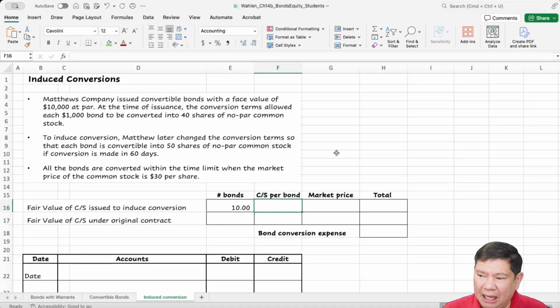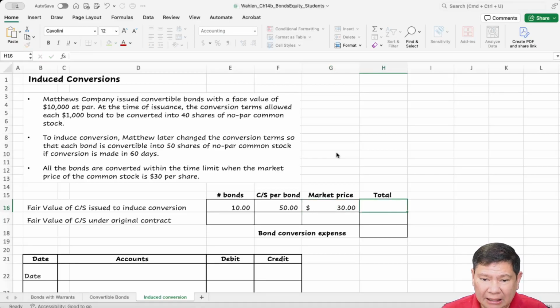And common shares per bond, the new one is 50, the original one was 40, the market price is $30. So it's going to be $30 times 50 shares times 10 of them.